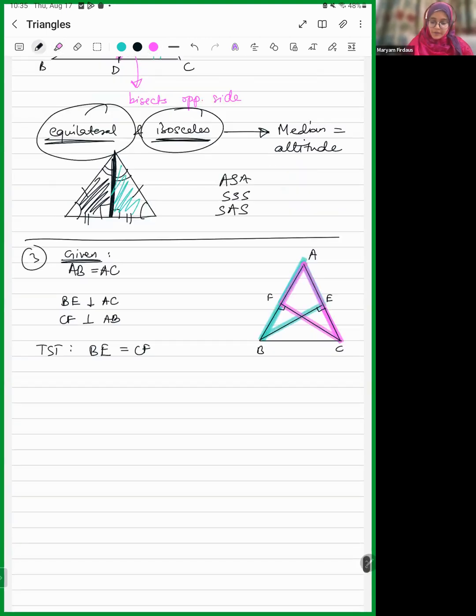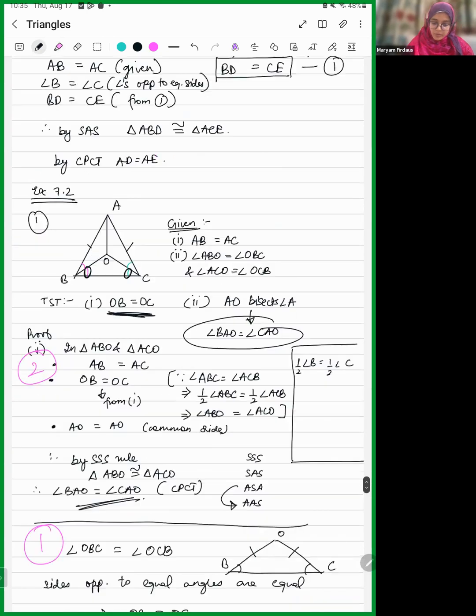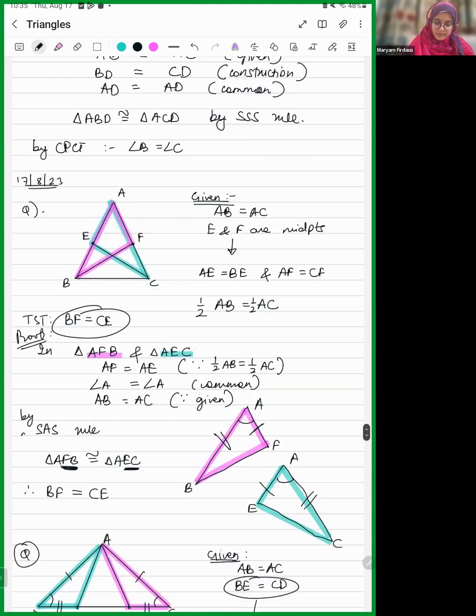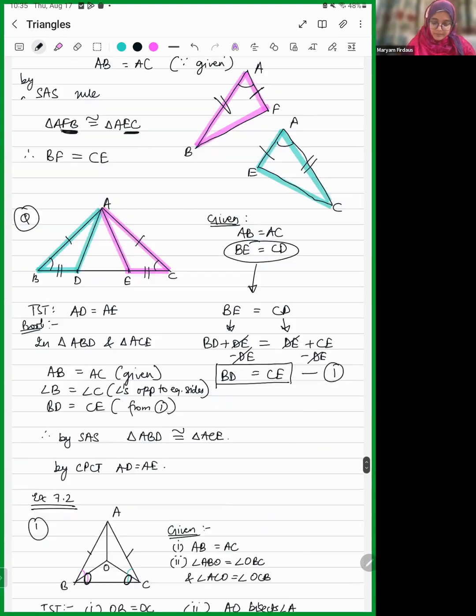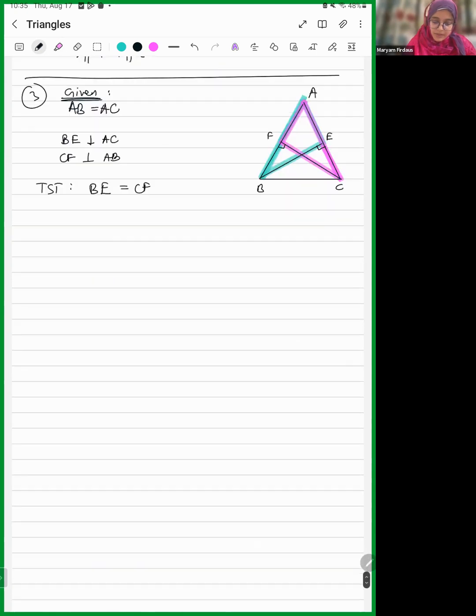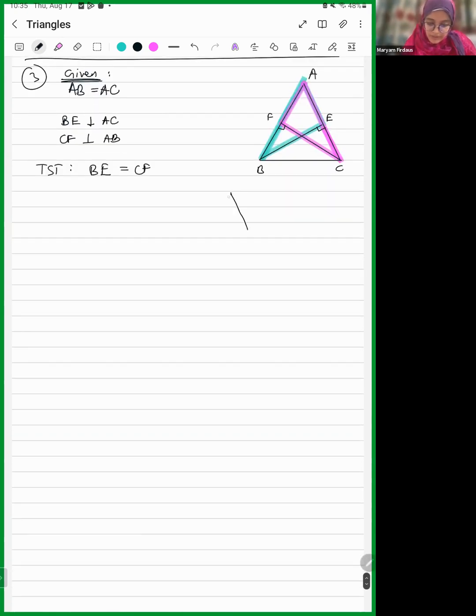This is very similar to what we did over here, in fact almost the same thing. So here, I'm just going to separate the triangles and show you. This is A, B, and E. This is your triangle ABE. And this is your triangle AFC.